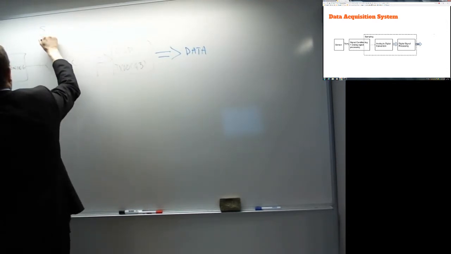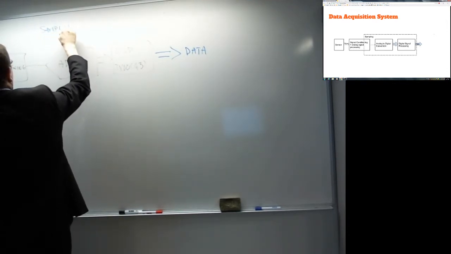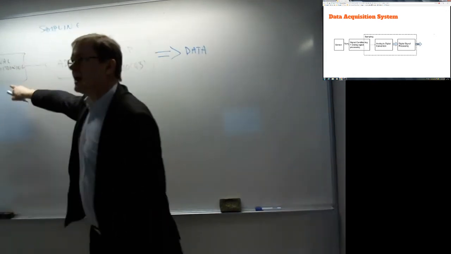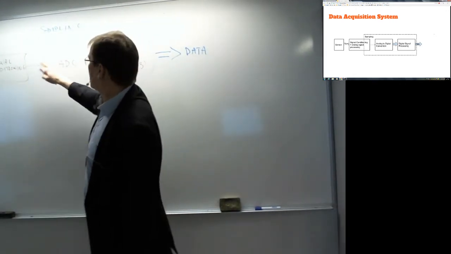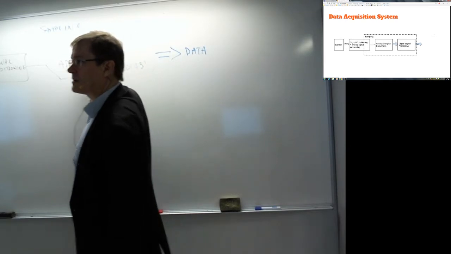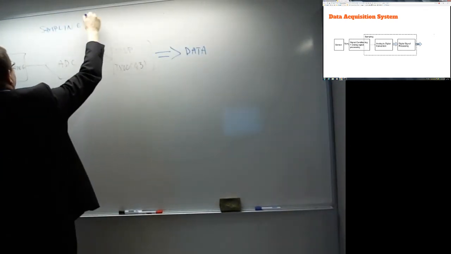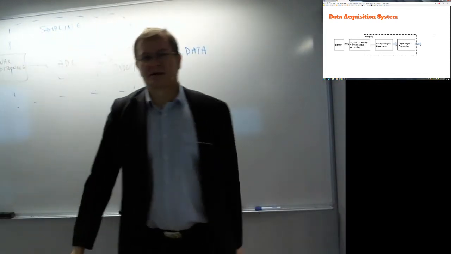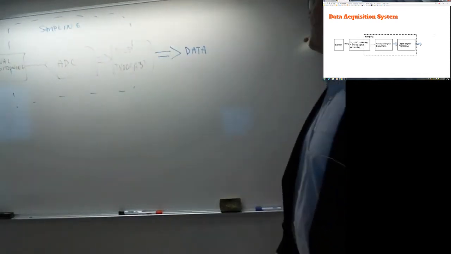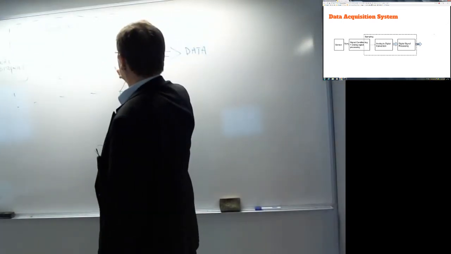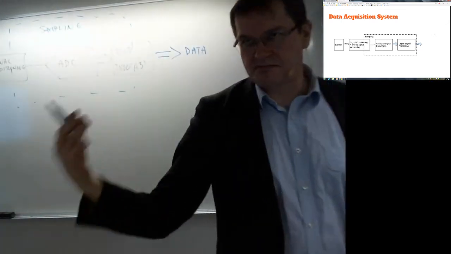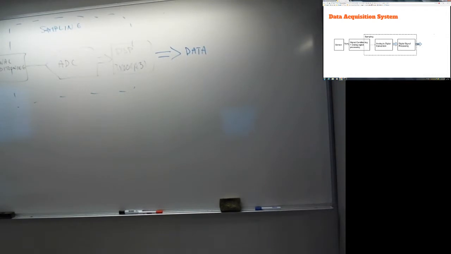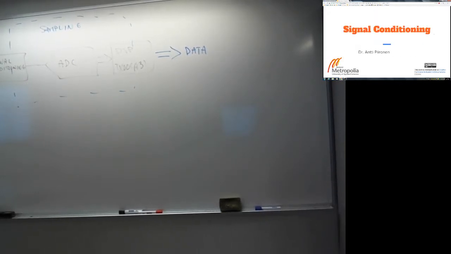Sampling can be done either in the time domain, or in the A to D conversion, or in the digital domain. So I would just mark that sampling is actually somewhere there. Even in the post-processing there could be some sampling.